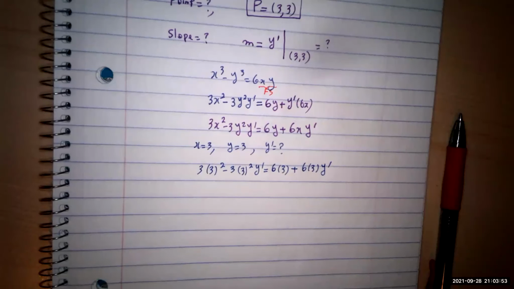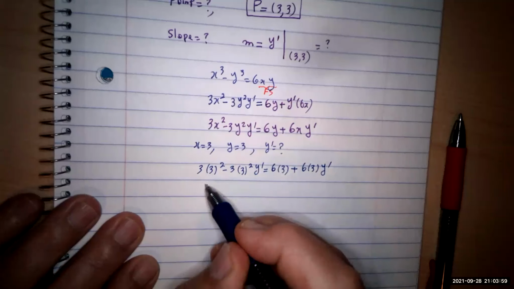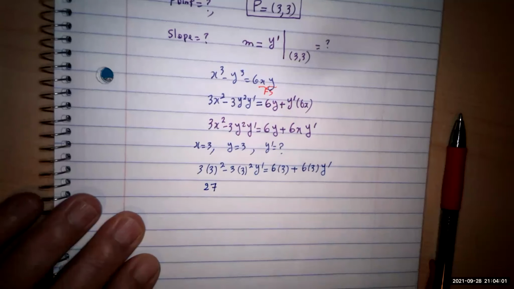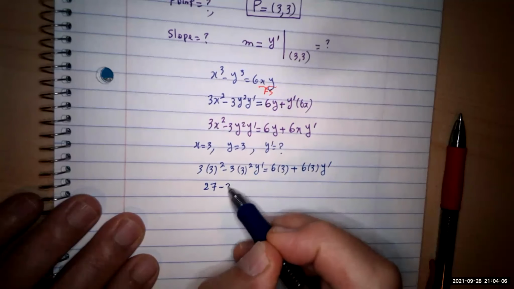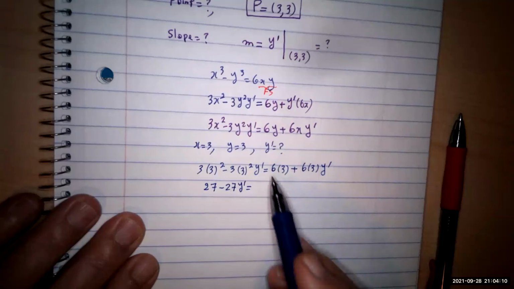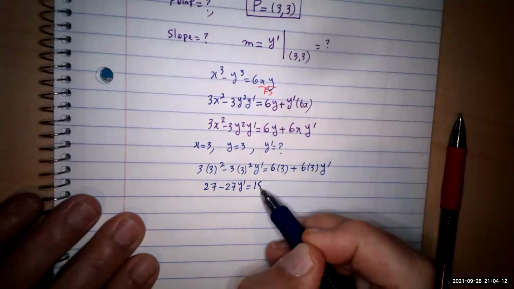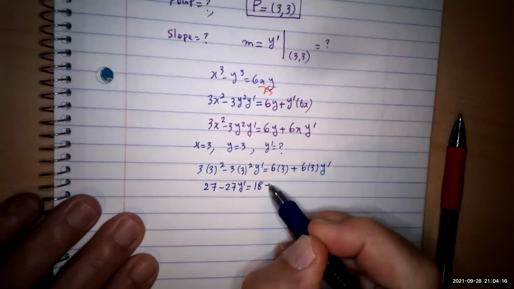So you substitute for x and y first, then you solve for y prime. 3 squared would be 9. 9 times 3 would be 27. 3 squared would be 9. 9 times 3 would be 27, but it's 27y prime. Equal to 6 times 3, 18. 6 times 3, 18.